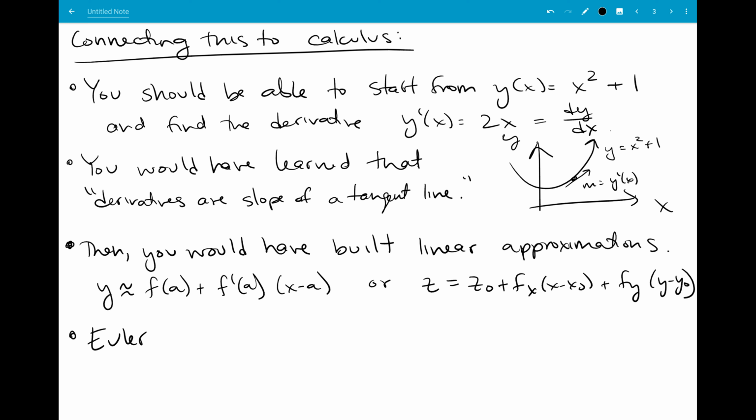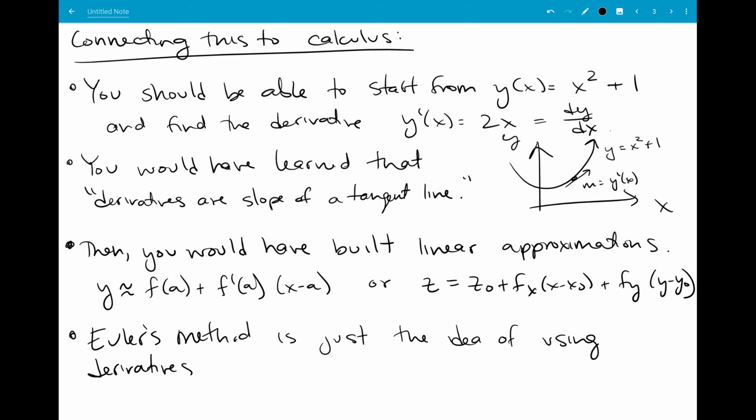So Euler's method is just the idea of using derivatives for linear approximations applied to ODEs. And I don't want to take you over that 10-minute limit, so I'm going to stop here. We're going to go ahead and get the algorithm and run our first practice problem in the next video.